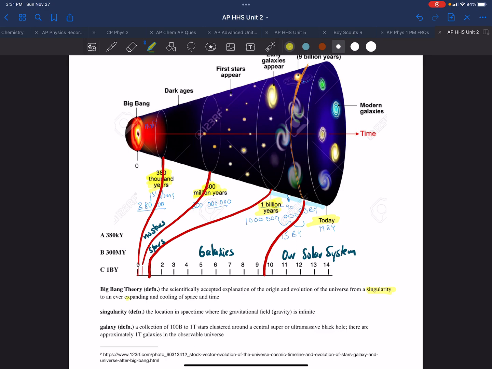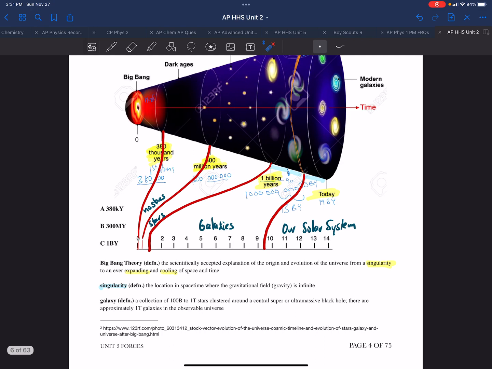And as it expanded and cooled, we formed matter, and the universe is continuing to expand. A singularity is a location in space-time where gravitational field is infinite. And that gravitational field was infinite at the very beginning of the universe.